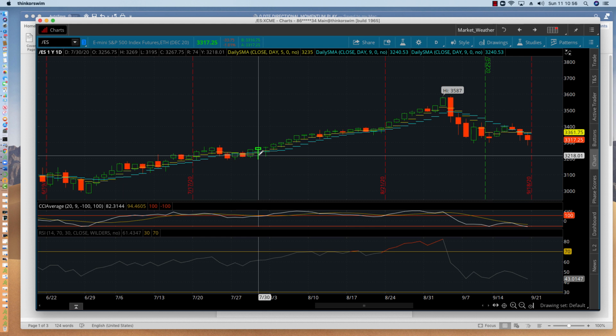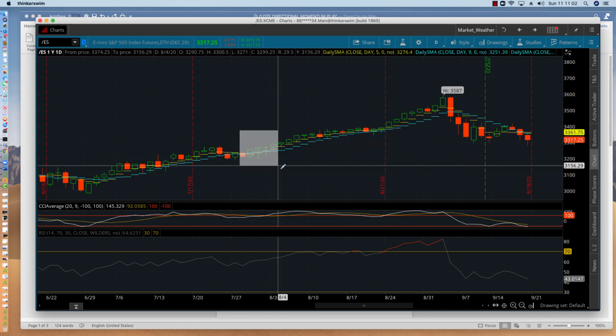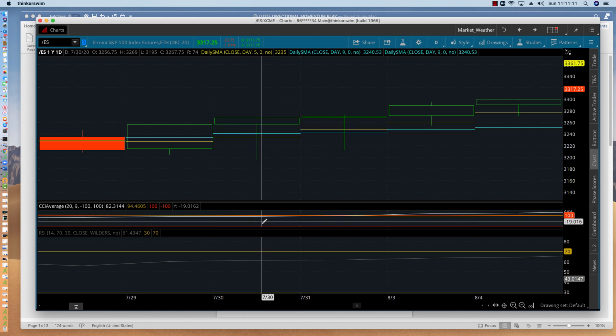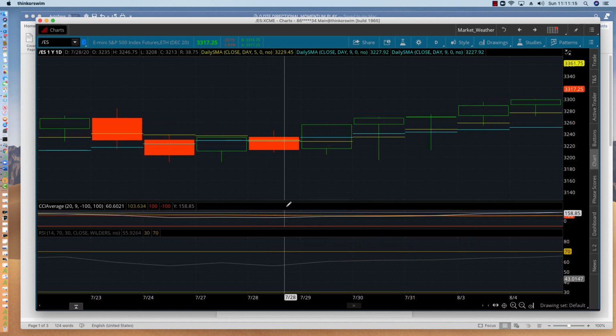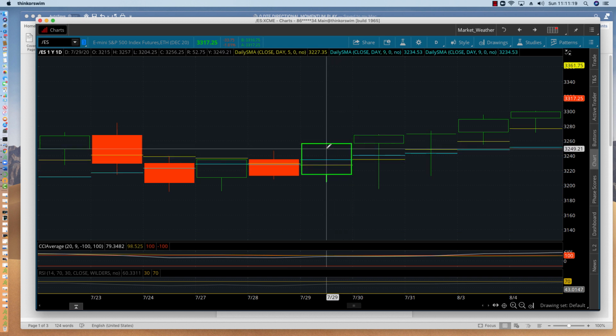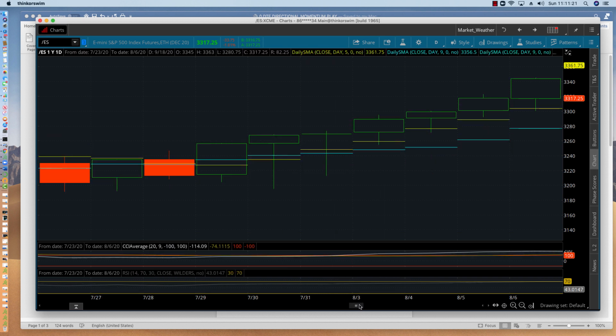On 7/30, if you were to enter on that day, you can see that the 5 is a little bit lower than the 10, but the RSI is 63. So it's really a bullish strategy. Plus, you can see that you closed higher the day prior.